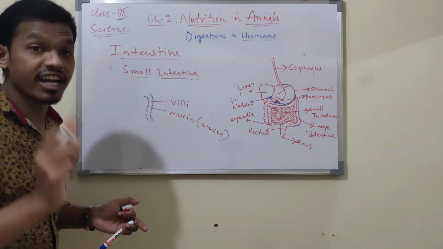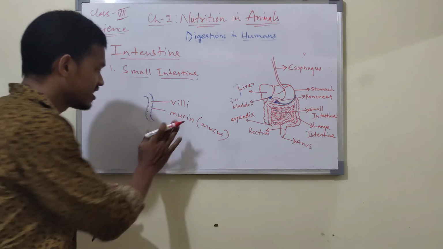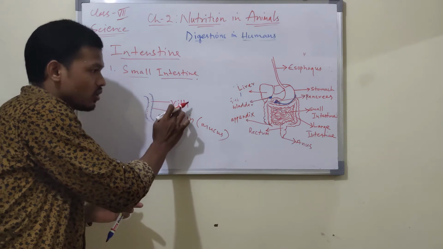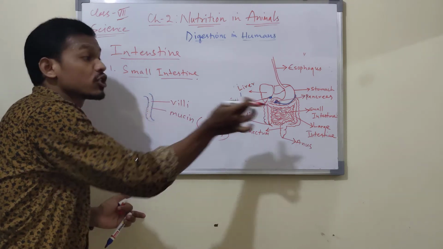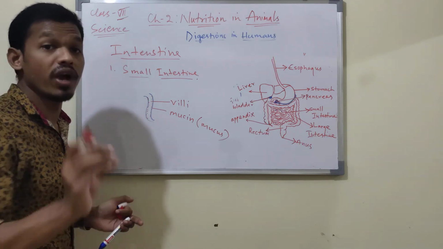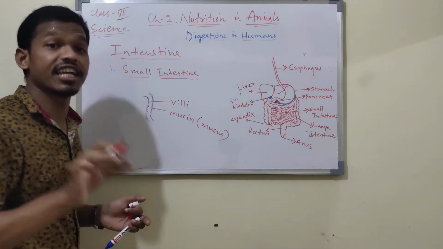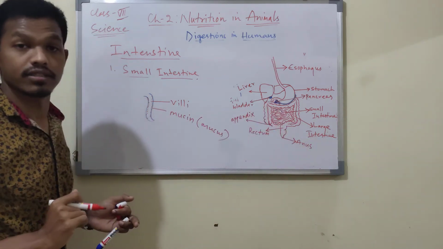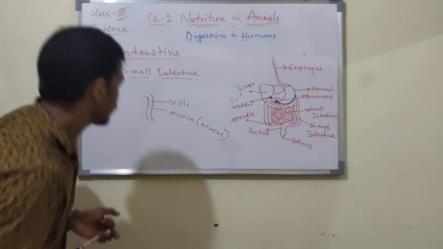That is the purpose of mucin. These two things are produced here. The workbook question: where is the bile located in the body? The answer is the small intestine.